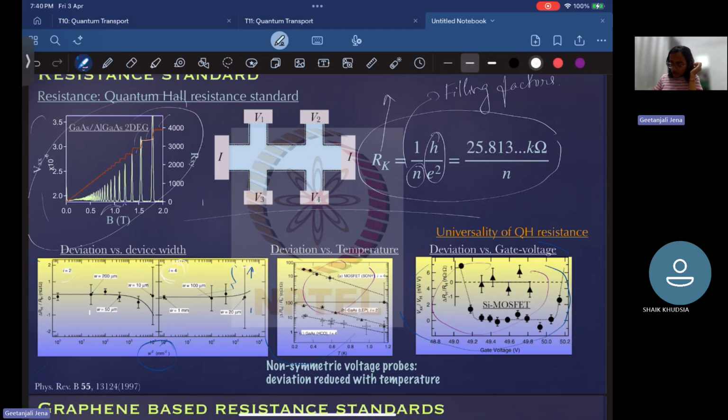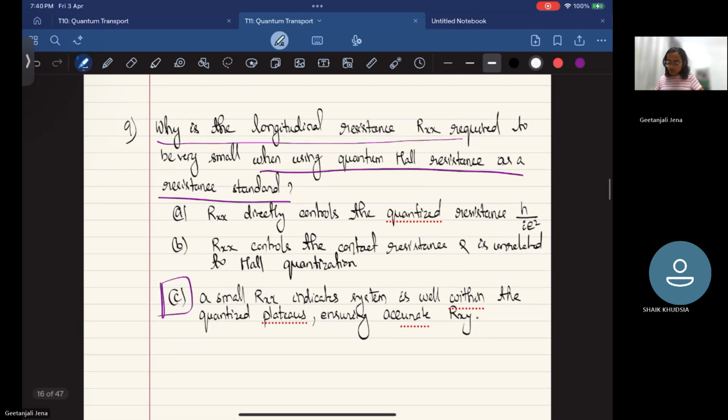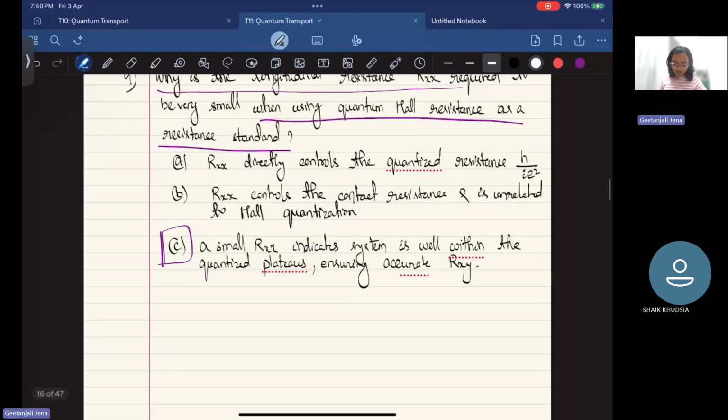From this plot, you can see that whenever Rxx is low, we are getting well-defined plateaus. So in the plateau region, Rxx is low. That is why Rxx should be low to get a well-defined plateau. So the answer would be option C.